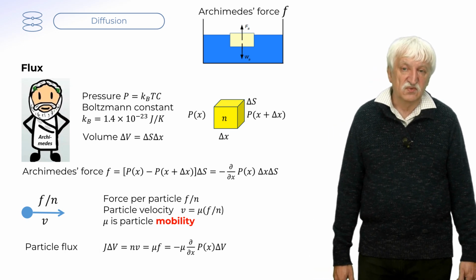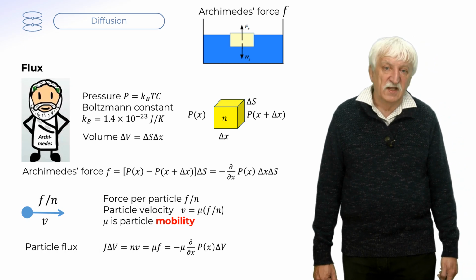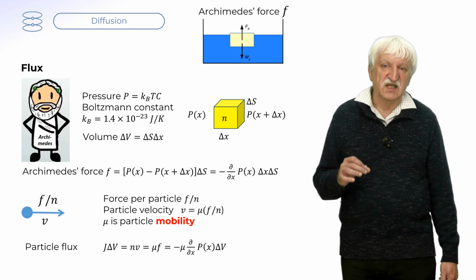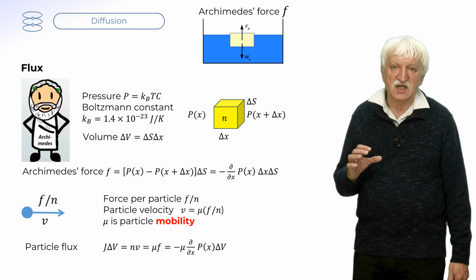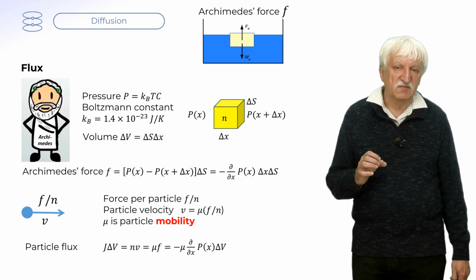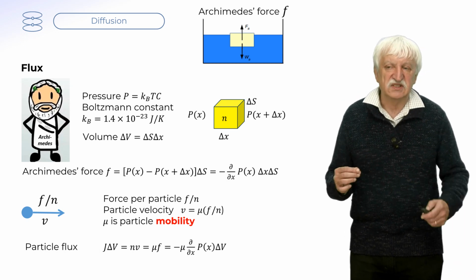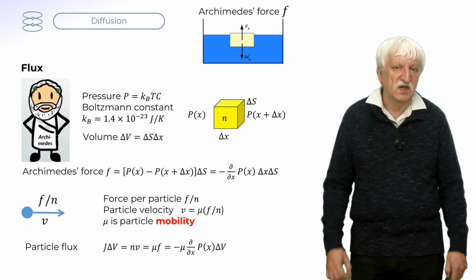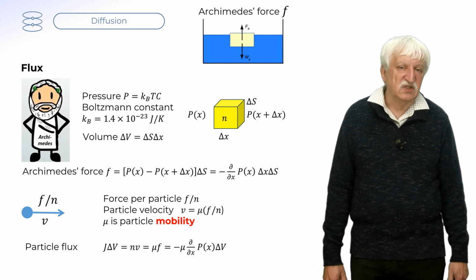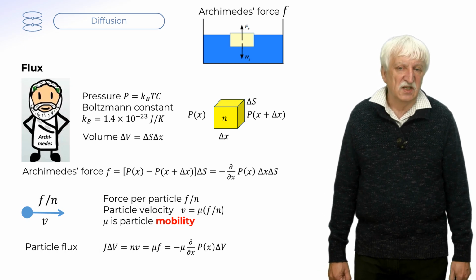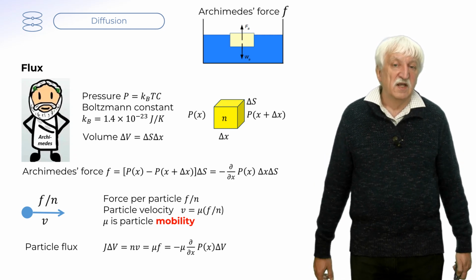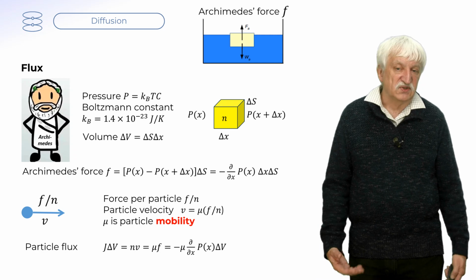You know that on any body in a gas or a liquid acts pressure. If we consider non-interacting particles as we did before, the pressure is just kB T times the concentration C. This is the equation of state of an ideal gas, and kB is the Boltzmann constant.